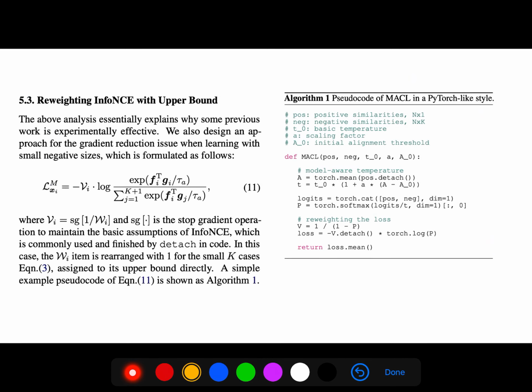And this is the pseudocode for this algorithm. The above analysis especially explains why some previous work is experimentally effective. We design an approach for the gradient reduction issue and learning with small negative sizes, which is formal. So we are learning with very small negative sizes.